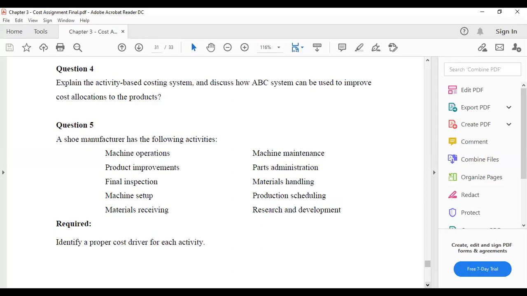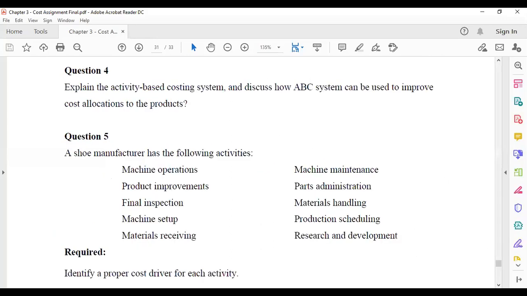That is our agenda for the day. I thought of starting with a theoretical question, which will be helpful for you to gain some insights into activity-based costing. So we will see question number 4.